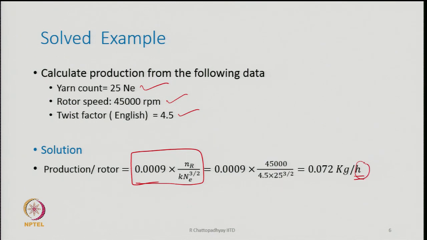So, you can find out how much yarn I deliver or produce per hour and what is the weight of that yarn. What length of yarn am I producing, and now if I know the count of the yarn, what is the weight of that yarn? That will give you production. The only assumption is that the efficiency is 100%, there is no breakage. Sometimes some efficiency figure may be given also.